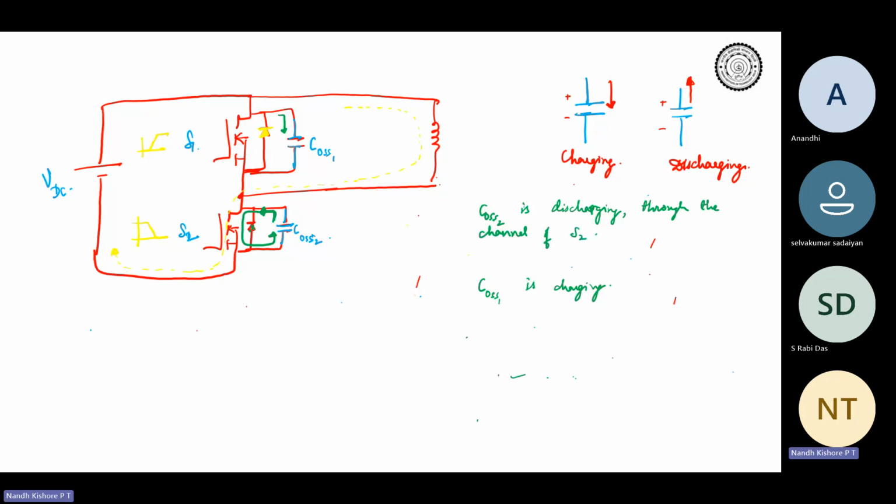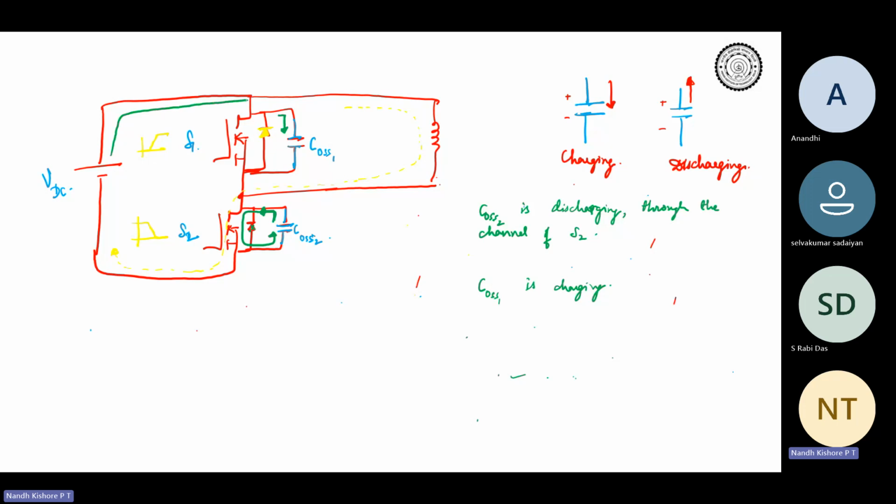Okay. And what about S1? From where would this get the charging energy? If you have to dump charges inside COSS1, some active source has to dump the charges, right? So how would the path get completed? The path would be completed from VDC.